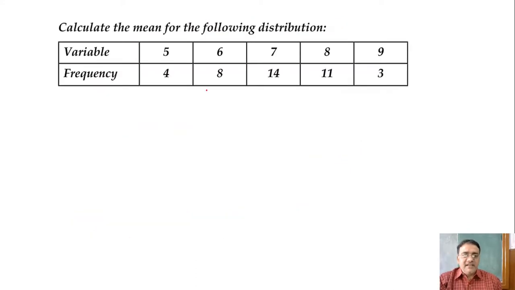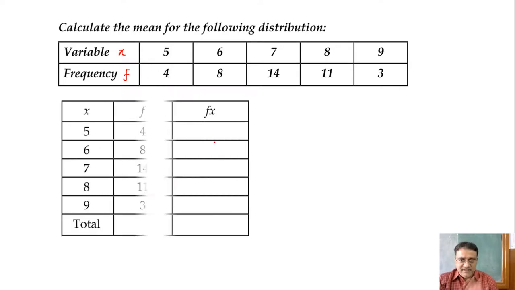See, this is x and this is f. Okay, so we'll make 3 columns, one for x, second for f, and third for fx, like that. Now what is the first one? F into x, 20, right, 20. Second, 48, right, 48.